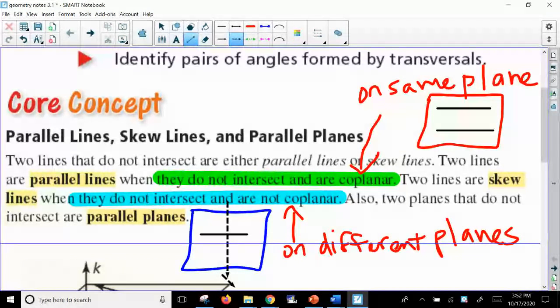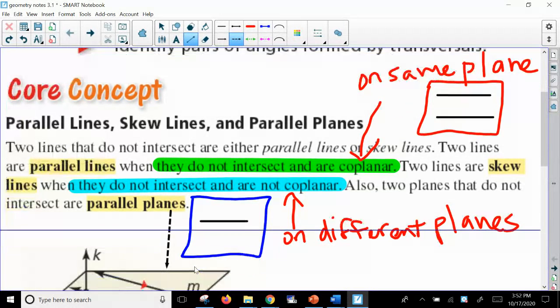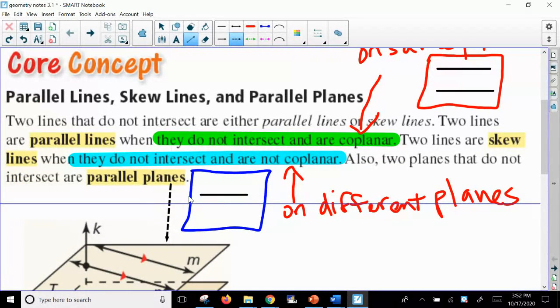It's hard for me to draw it because it looks like it's on the paper. Maybe it's over here somewhere, going in a different direction. Those are skew lines. See how these two lines are not going to intersect because this is off of the paper and this is on the paper.